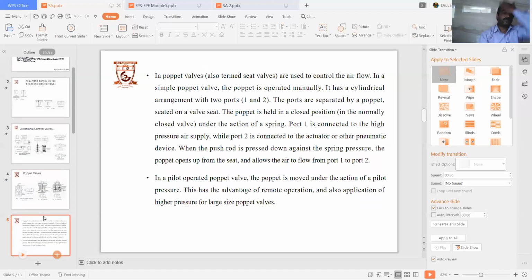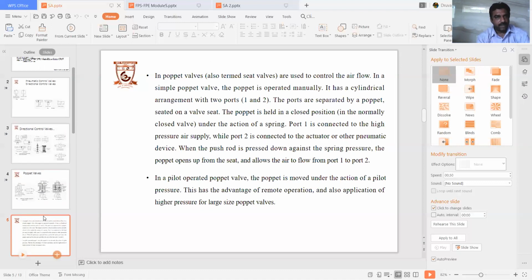These are also called seat valves and are used to control the airflow. The poppet is operated manually and has a cylindrical arrangement with 2 ports, 1 and 2. The ports are separated by a poppet which sits on a valve seat. It is held in a closed position in a normally closed valve under the action of a spring.